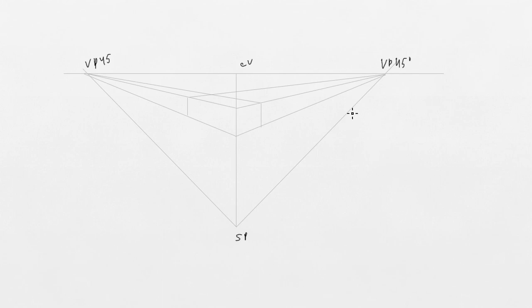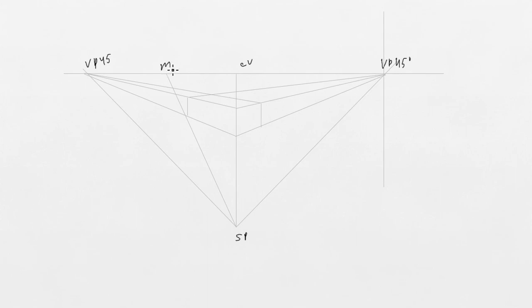Okay, we could do it just very easy, vertical through the VP 45, and anywhere where this line intersects, the next one would be convergent. Okay, no problem. But what if we want to make it with a specific angle? Well, we need a measuring point. Let's find it by bisecting this angle.